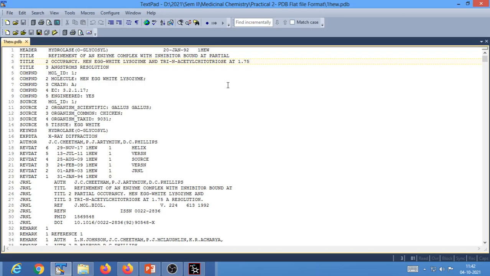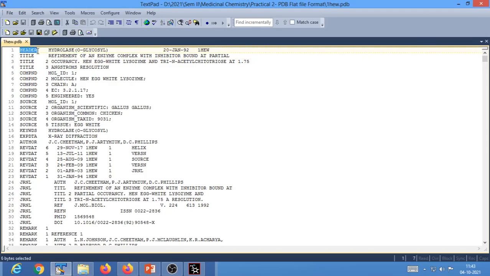Now let us try to understand how structural data is arranged in this PDB file. For the sake of study, you can say that any PDB file is divided into two major sections. In each and every PDB file, the structural data is arranged in lines, and each line begins with a specific keyword.